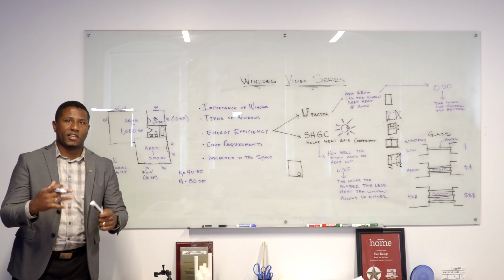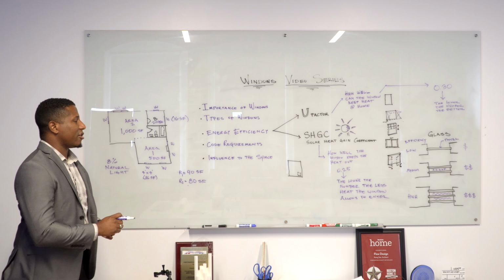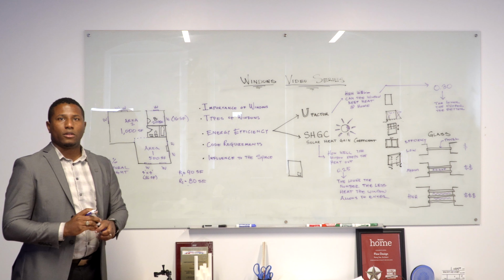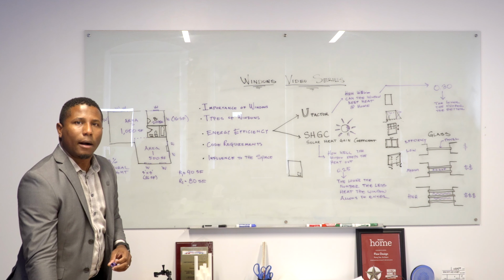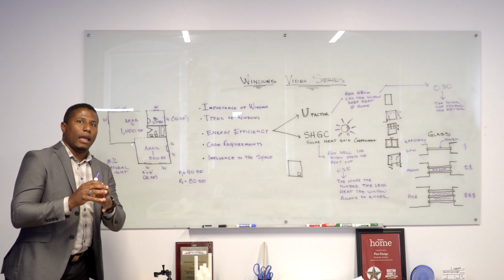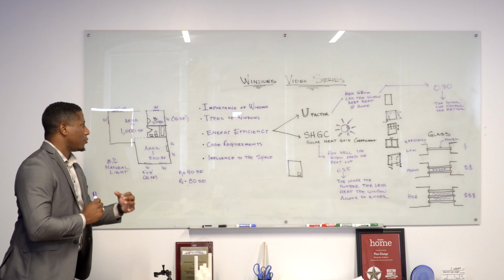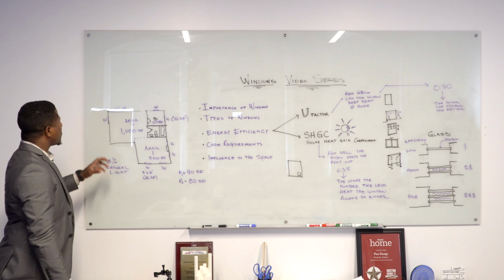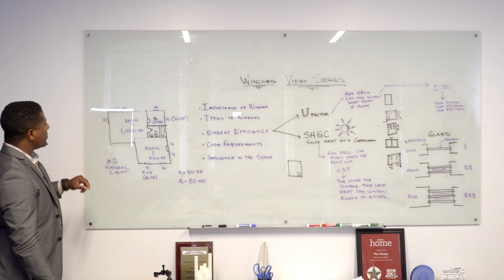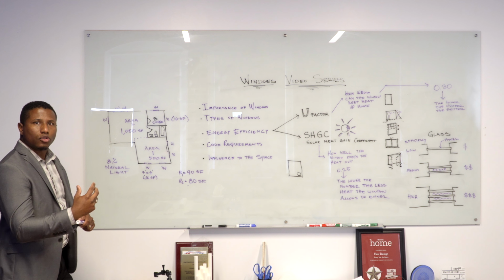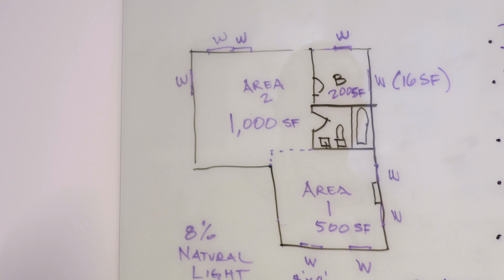Also pay attention to egress and those kinds of things regarding windows. We talked about the types of windows in the previous video, so pay attention also to the requirements in terms of egress and how they relate to the window size, and how you can maneuver out of the space. So it is very important that you pay attention to these numbers and how many windows you need to meet that minimum requirement.